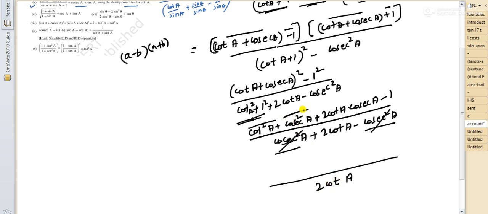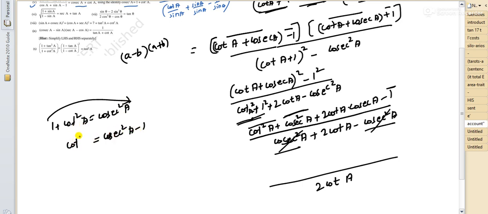But can I write this cosec square A minus 1 as, see, we have 1 plus cot square A, which is equal to cosec square A. Now if I transfer this to RHS, this becomes cosec square A minus 1, and in LHS it is cot square A, correct? So I can replace these two with cot square A, and here it is as it is, 2 cot A into cosec A.